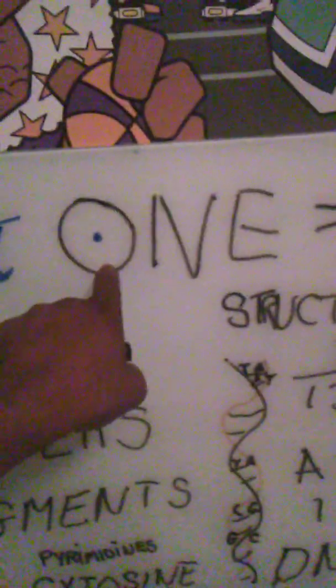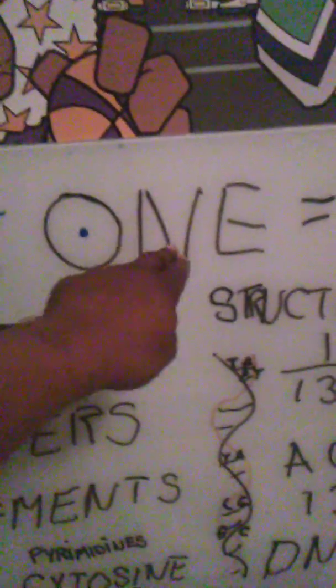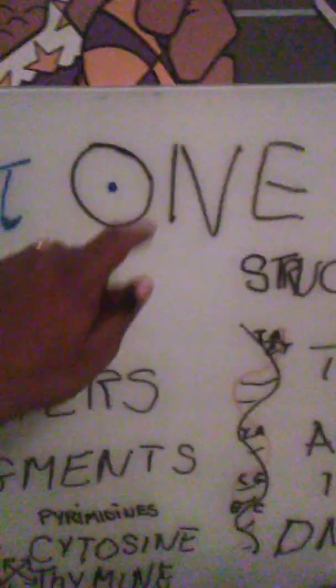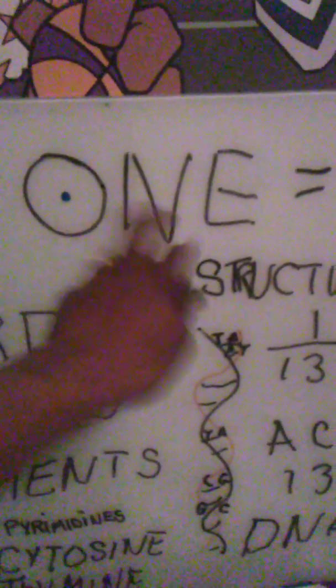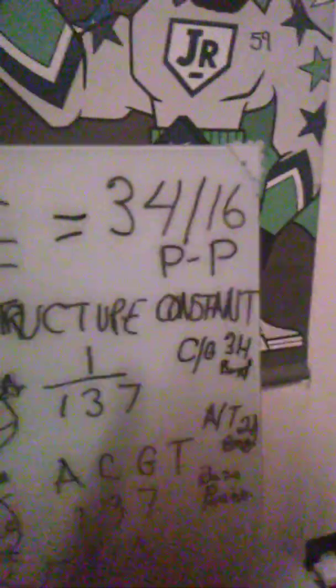So when we look at the letters, the O is a 15, the N is a 14, and the E is a 5, bringing us to a total of 34. When we reduced it, being a 15, the O, 1 and 5 is 6. Being a 14, the N, 1 and 4 is 5, and the E is 5, bringing us to a total of 16.